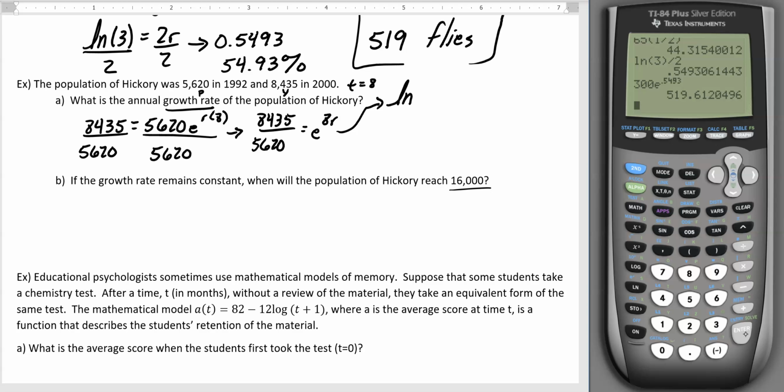So it would be the natural log of 8,435 divided by 5,620 equals 8r. Divide by 8, and I can find what r equals. So I'd say the natural log of 8,435 divided by 5,620, and then divide all of that by 8.